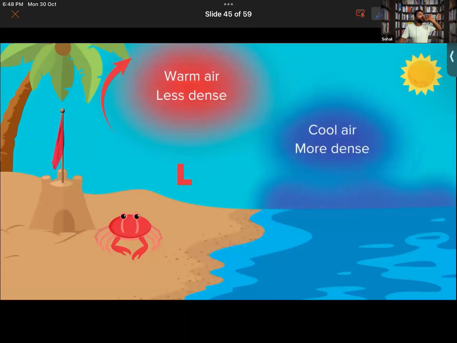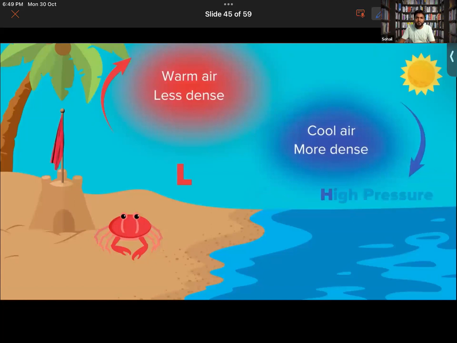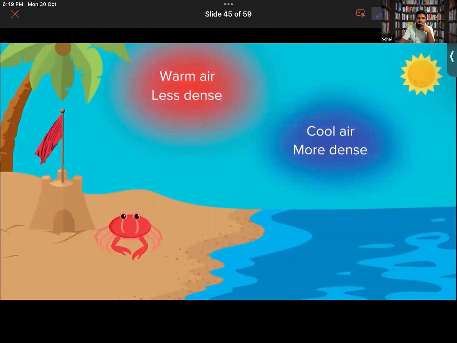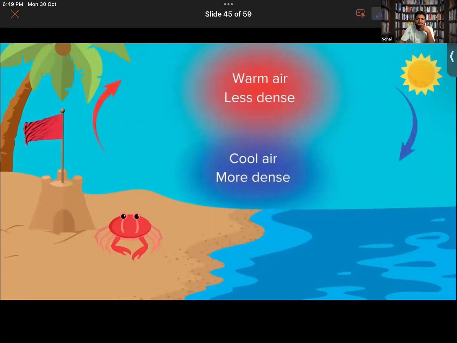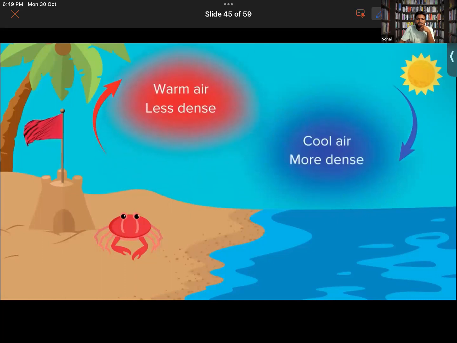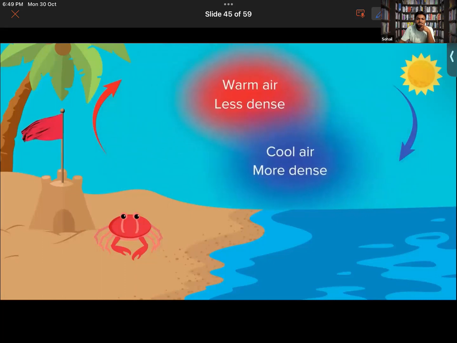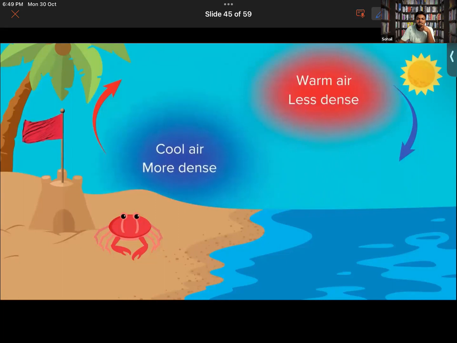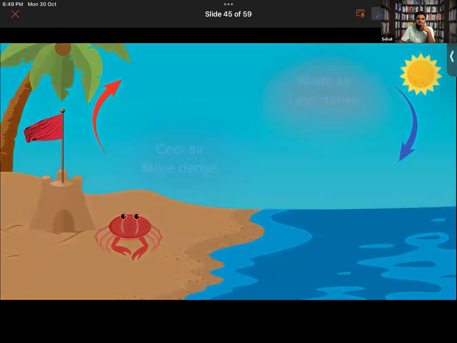Cooler, denser air sinks over the water, creating an area of high pressure. The differences in pressure and air temperature create a convection current. Warm air over the land is replaced by cool ocean air. This air is warmed by the land and rises, and the cycle continues. Winds that blow from the sea to the land are called sea breezes.